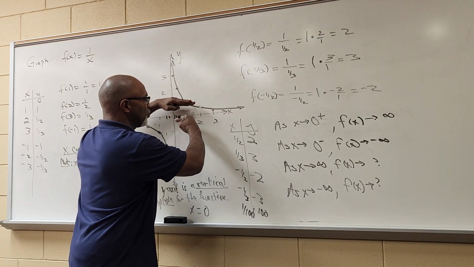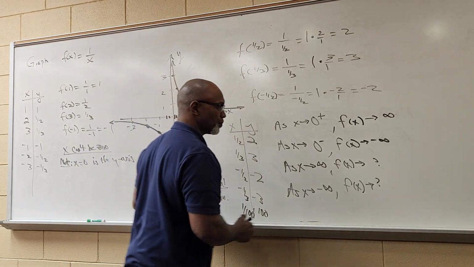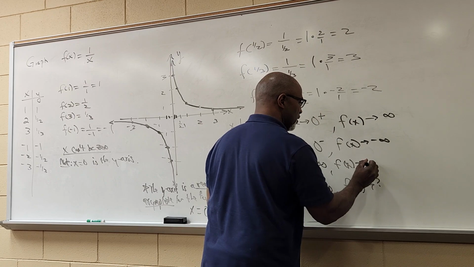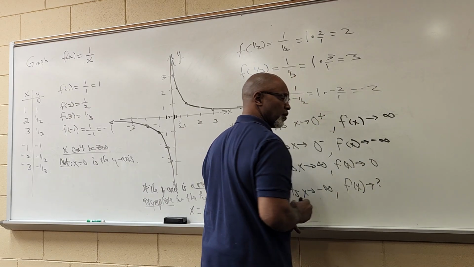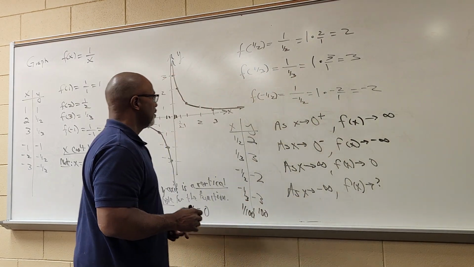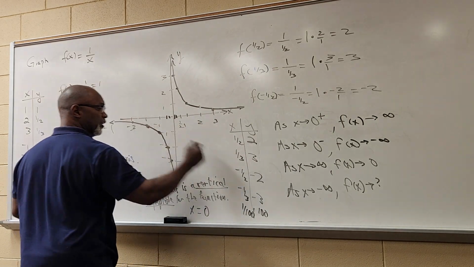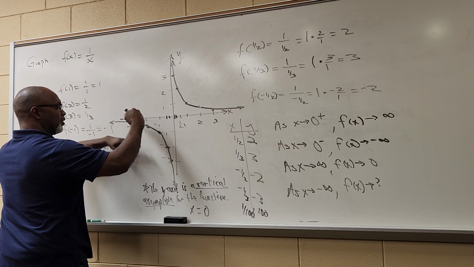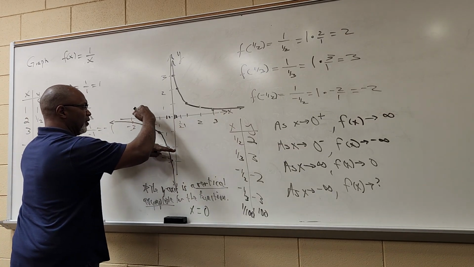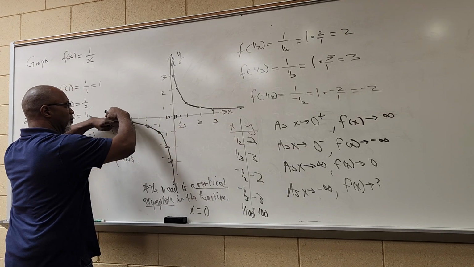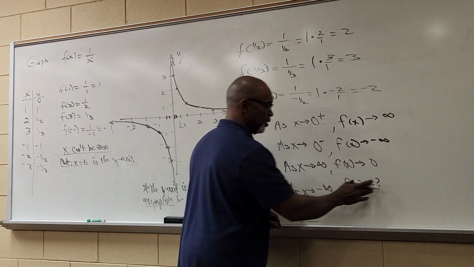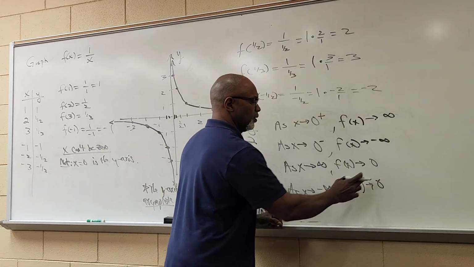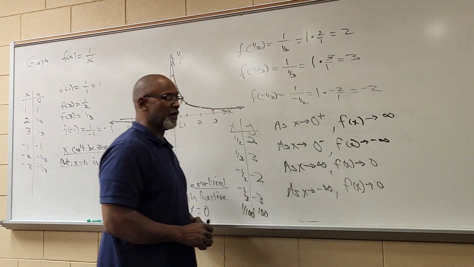So this function is getting closer and closer to y equals 0. So as x goes to infinity, this function is going to 0, y equals 0. As x goes to negative infinity, my function was starting at these negative values, but it's getting closer and closer. So y equals -3, y equals -2, y equals -1, it's going to y equals 0 still.